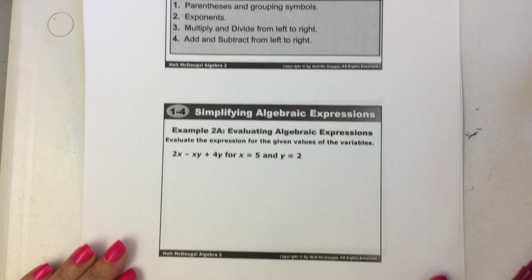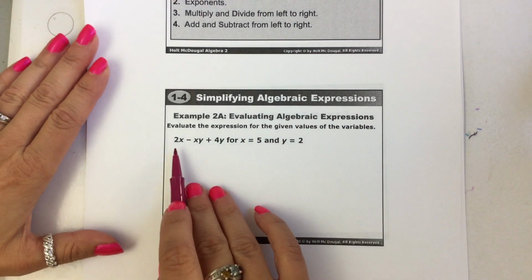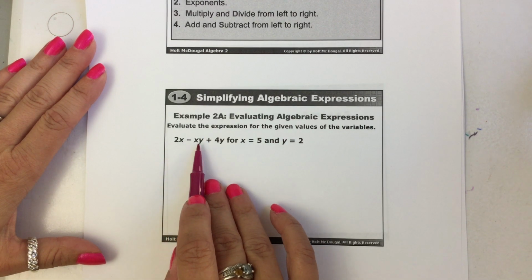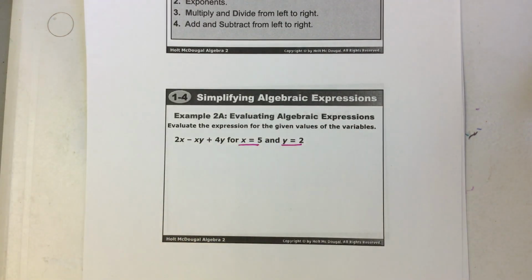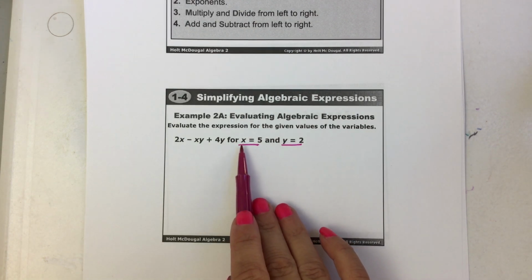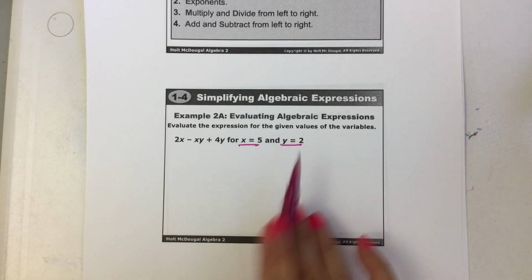So let's go ahead and evaluate some algebraic expressions. If I have 2x minus x times y plus 4y, first, they will give you a numerical value to fill in for each variable. So what they want us to do is replace every x with a 5 and every y with a 2.